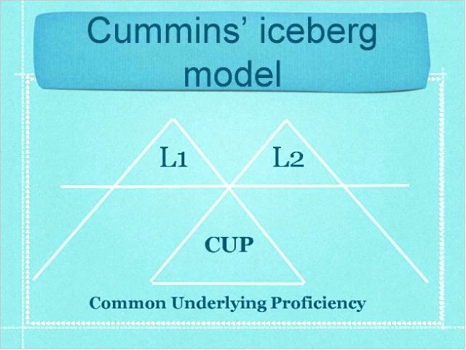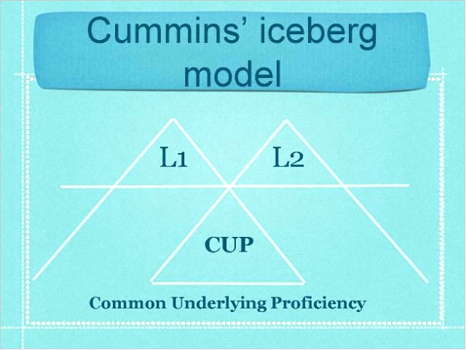The common underlying proficiency is the kind of skills and metalinguistic skills that children acquire as they are learning their first language, and which can be used when they are learning their second language as well.